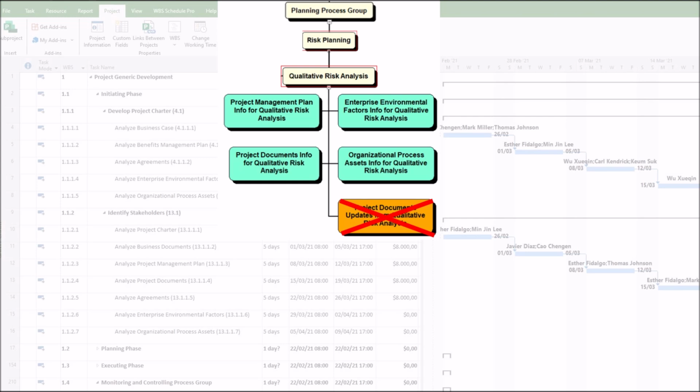A poor project documents updates output from earlier processes can severely undermine the Perform Qualitative Risk Analysis process in multiple, cascading ways. At its core, the goal of qualitative analysis is to prioritize risks, such as high, medium, or low, so the team focuses on what matters most.